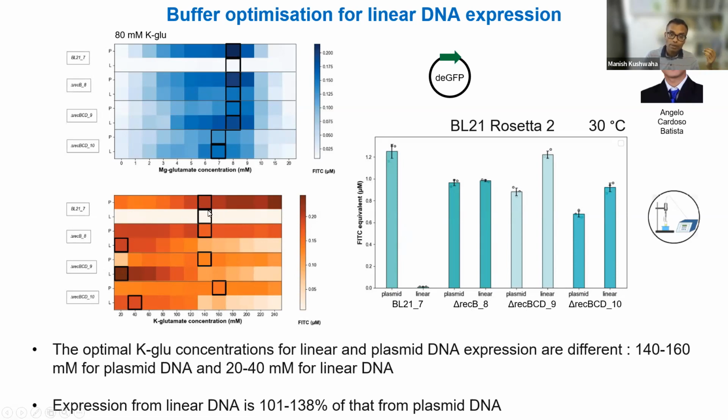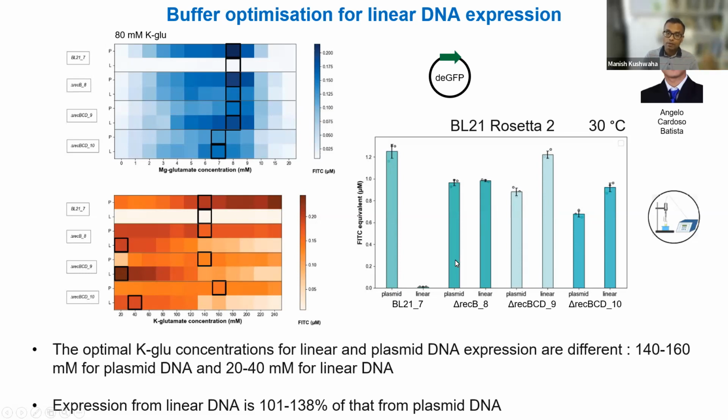So when you are using plasmid DNA for buffer calibration, you find that you need 140 to 160 millimolar of K-glutamate, but you only need 20 to 40 millimolar for linear DNA optimal. And in fact, in this case, we found that the expression that we were getting from linear DNA was equal to, or sometimes even better than, what you were getting from plasmid DNA.